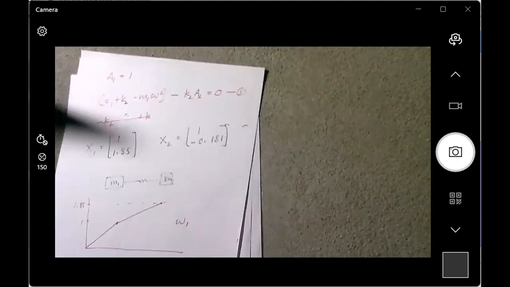This is 1, that's the motion of M1. And what happens to the other mass? It should go in the opposite direction, somewhere here, like this. So this is minus 0.181.